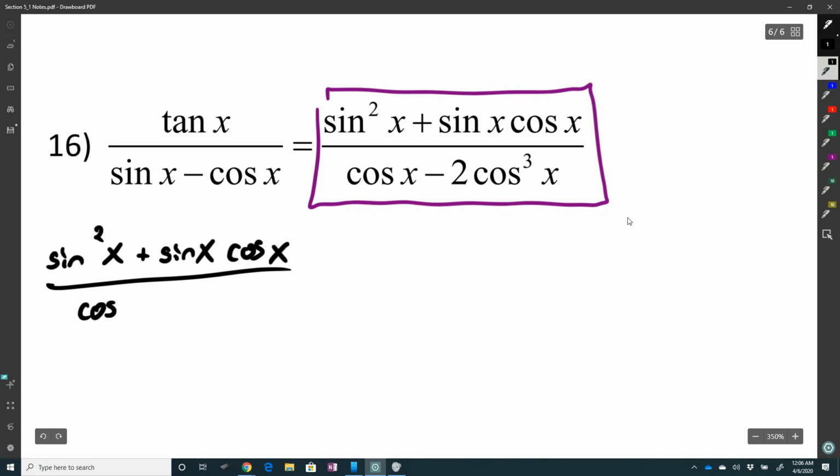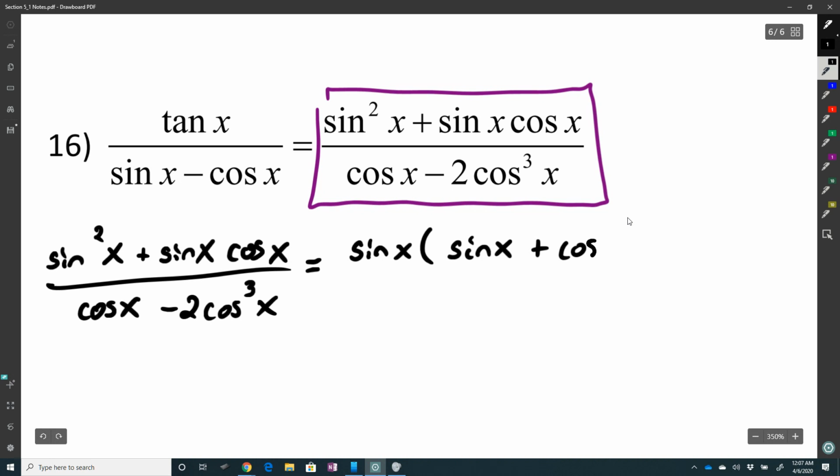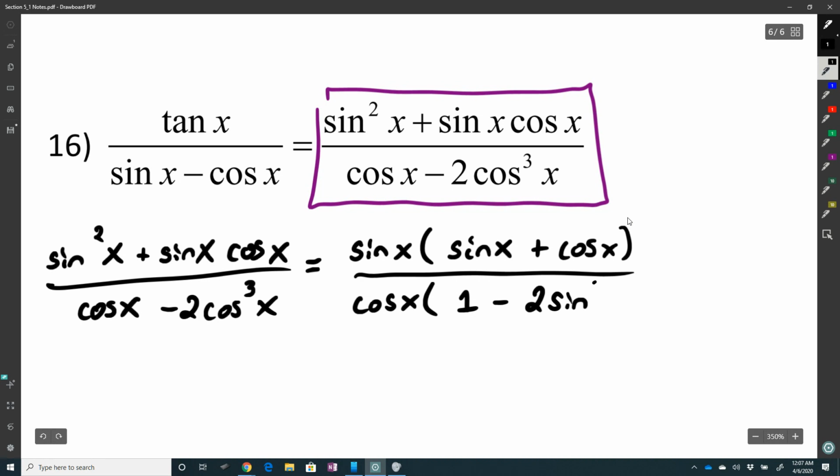And I have sine x plus cosine x over cosine x minus 2 cosine cubed x. So the first thing I notice is I can factor things out. On the top, they both have a sine in common. If I factor the sine of x out, I'm left with 1 plus cosine of x. On the bottom, I can factor a cosine of x out, and that leaves me with 1 minus 2 sine squared of x.